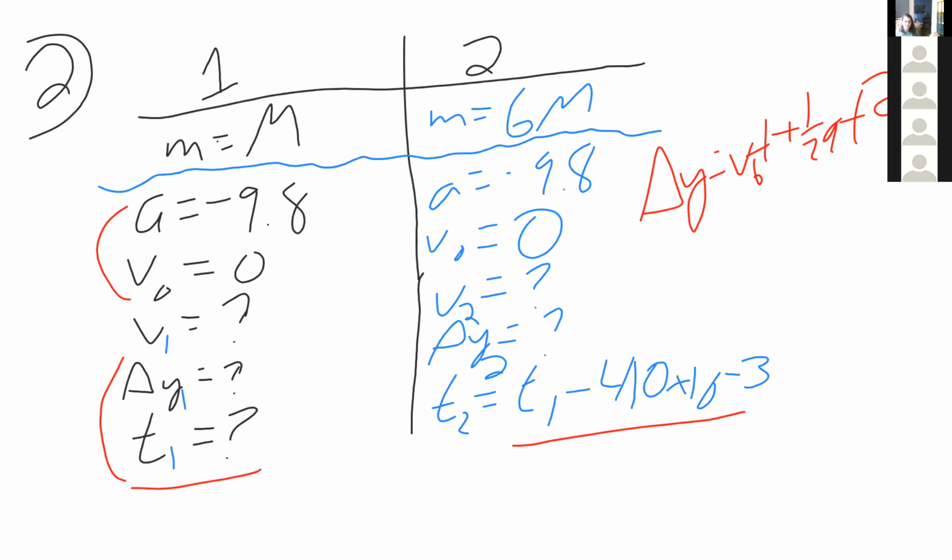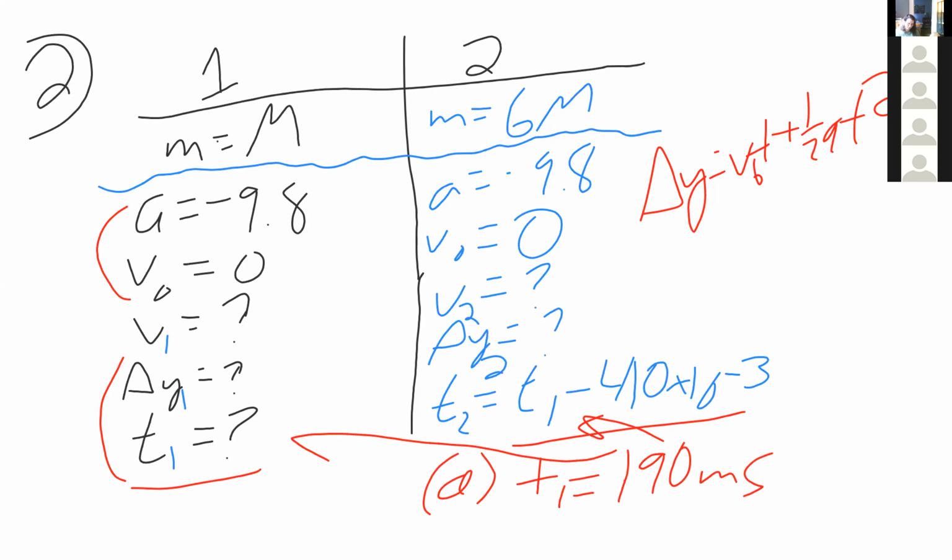And yeah, you'll be given the time actually explicitly. So in my problem, I'm told in part A what T1 is. So part A will tell you T1 is equal to, in my case, 190 milliseconds. And so you plug that in and solve here for your delta y's.